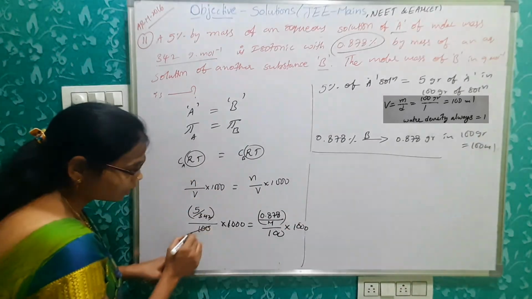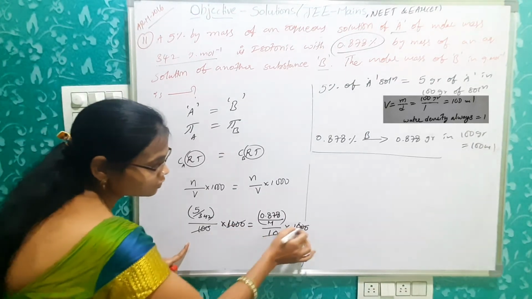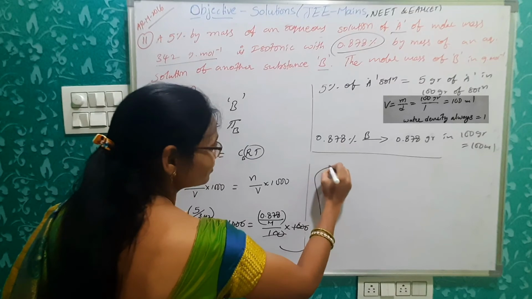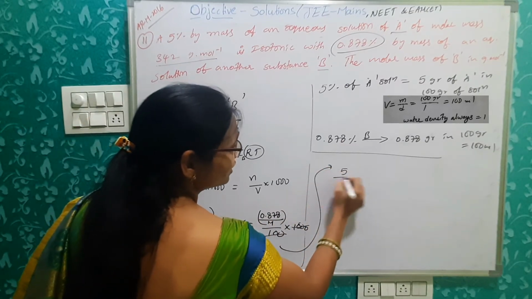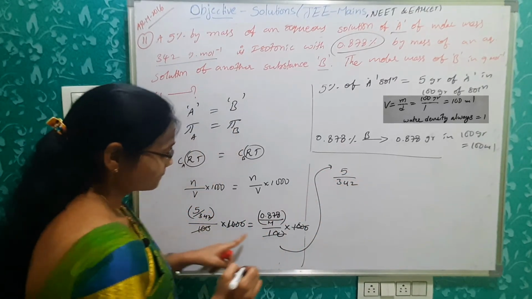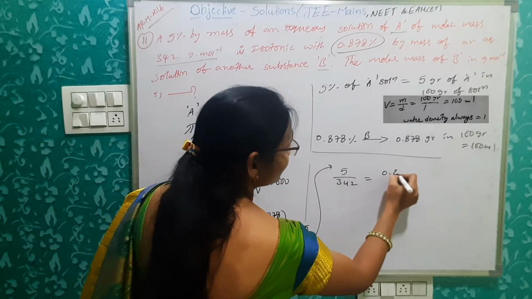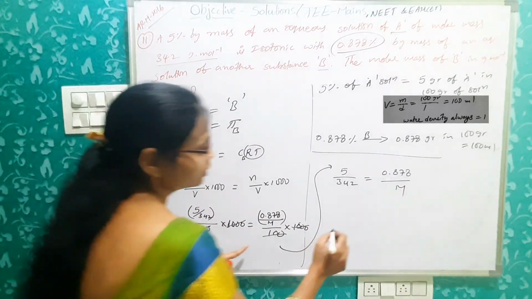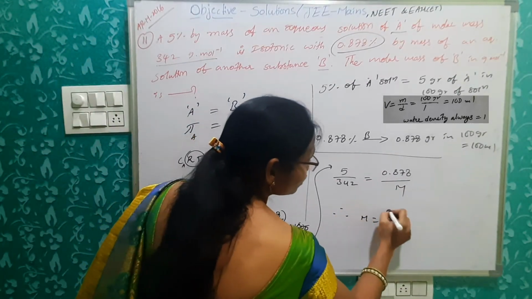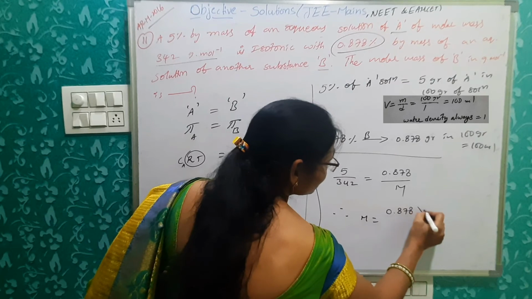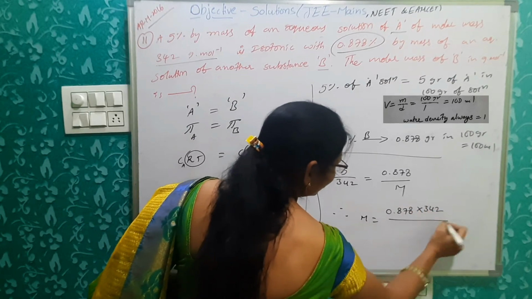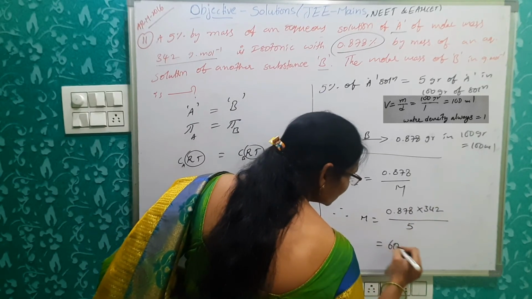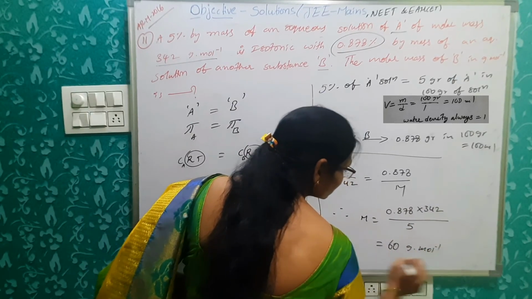See here, 100 and 1000 mutually cancel. Now continuing, 5 by 342 is equal to 0.878 by M. Therefore, M is equal to 0.878 into 342 by 5. By simplifying this, we get 60 gram per mole.